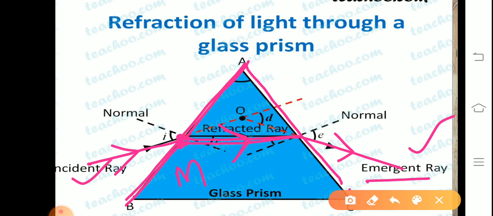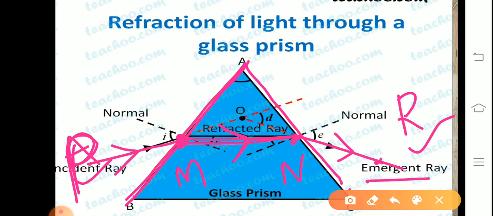Here we label the points P, M, here assume N, here R. P, M, N, R is the path of the light ray inside the prism.